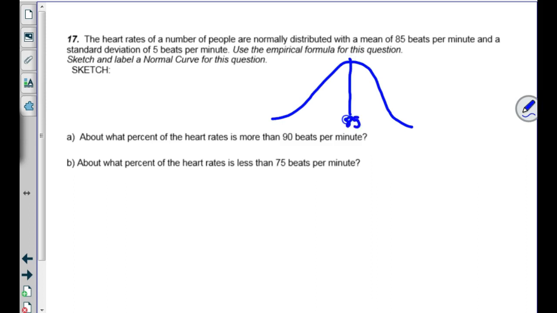So it says the mean is 85. So then you'd have 90, 95, 100, and that's not percent, that's beats per minute. Going this way, you'd have 80, 75, and 70. Okay, and then it says about what percent is more than 90 beats per minute.